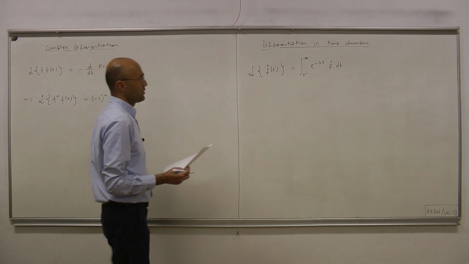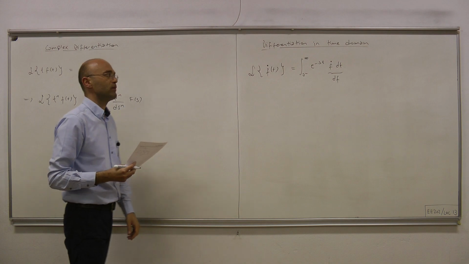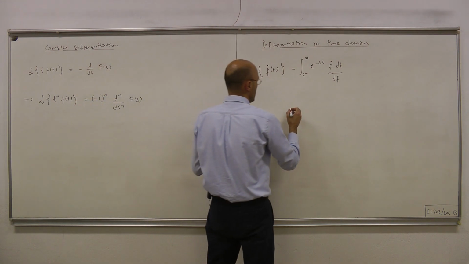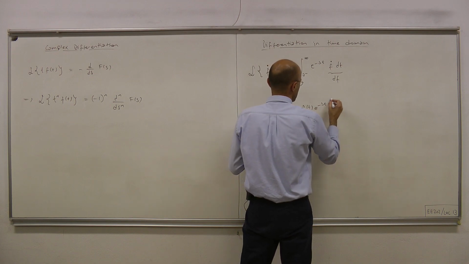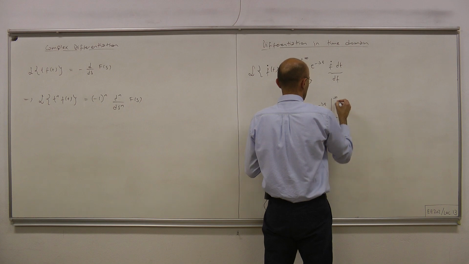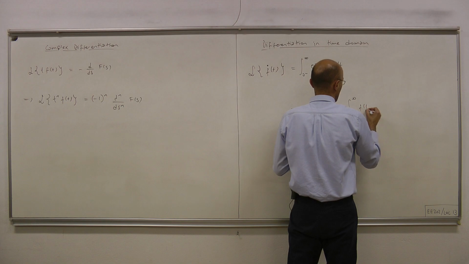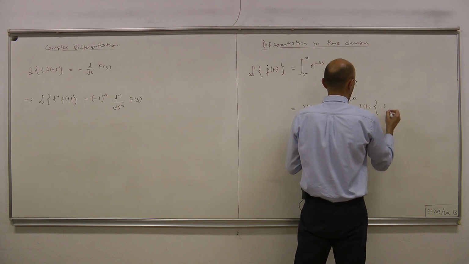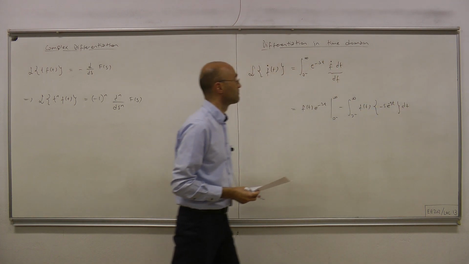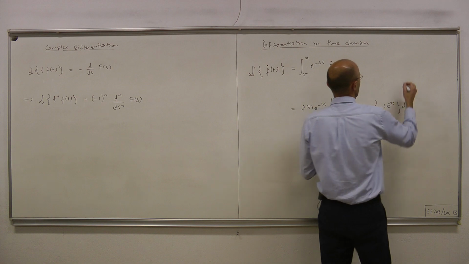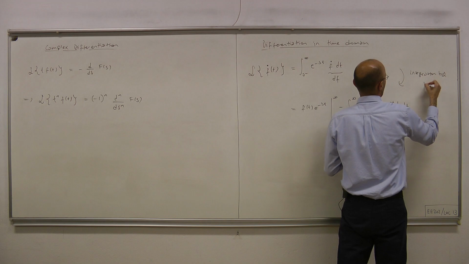So let's call this df and then apply integration by parts. This equals f(t) e to the minus st evaluated from 0 minus to infinity, minus the integral from 0 minus to infinity of f(t) times minus s e to the minus st dt. So what we did here is integration by parts.